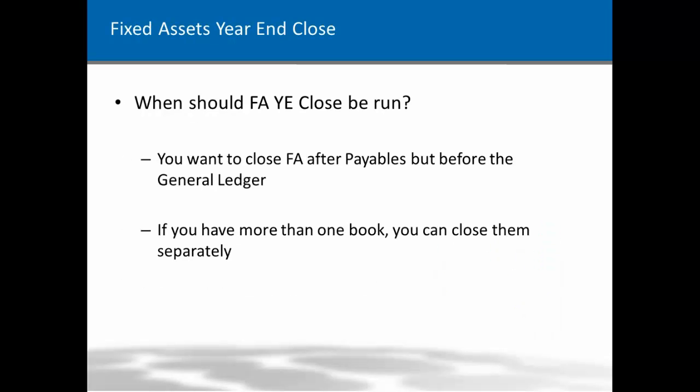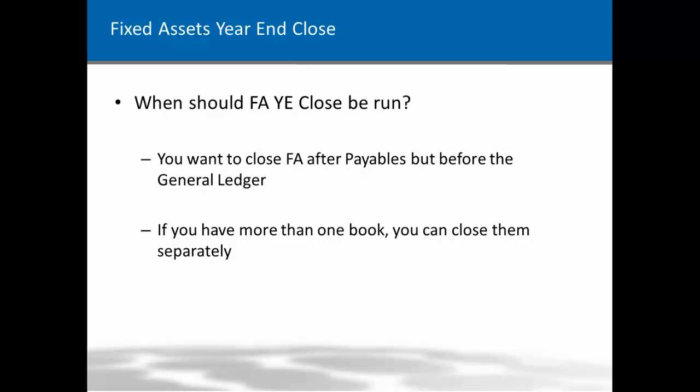Fixed assets. Fixed assets needs to be closed after payables, but before general ledger. General ledger is the last thing you're going to close. And if you have more than one book, you can close them separately. I know that it may be different in GP 2013. They may have worked on this a little bit.